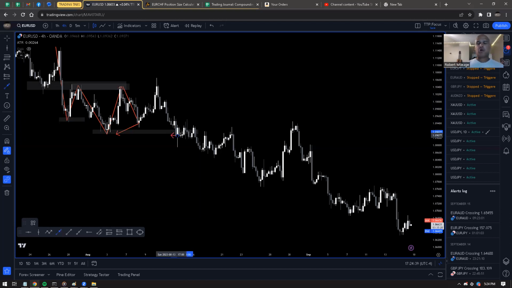But there's no strong pullback here. So as far as I'm concerned, I would consider this all one whole push until I finally get a pullback. Either that pullback here, which didn't actually break the low again, or this pullback here.